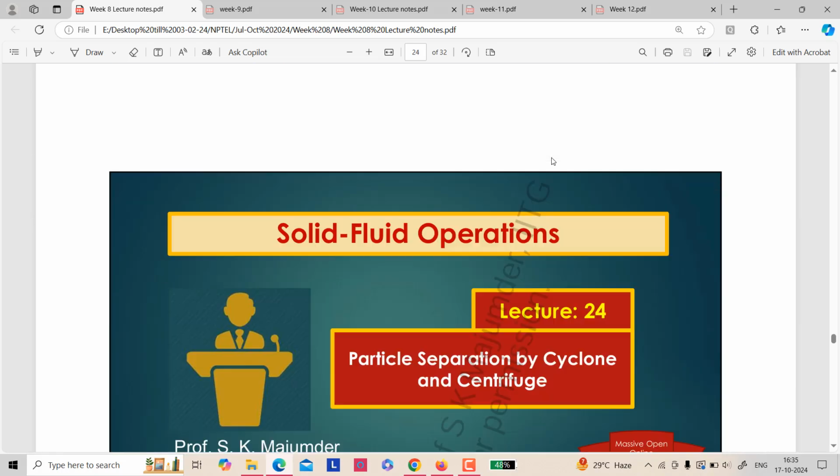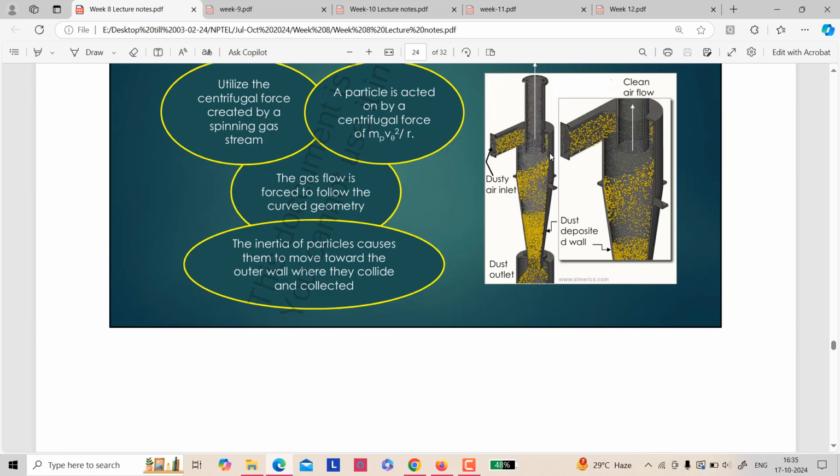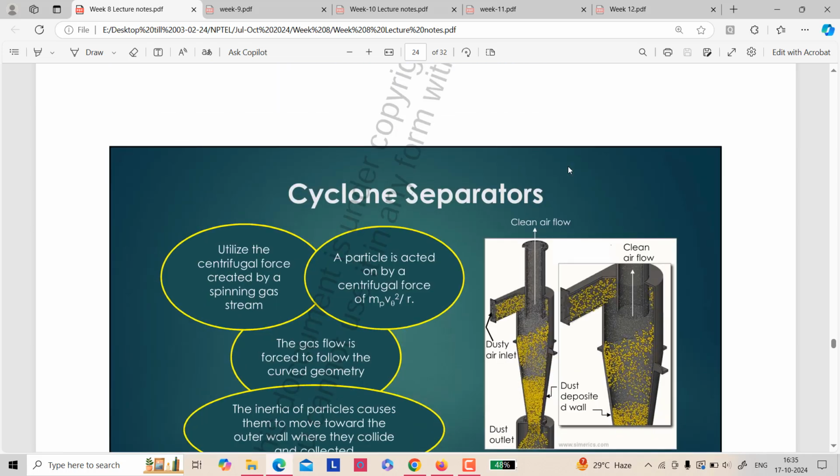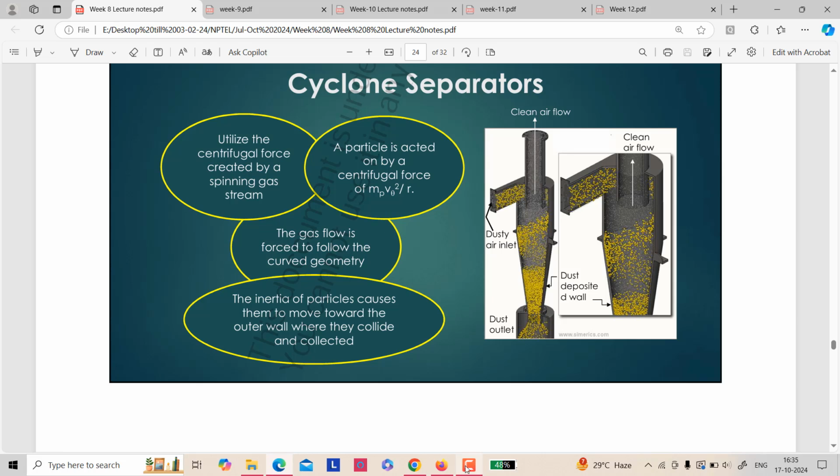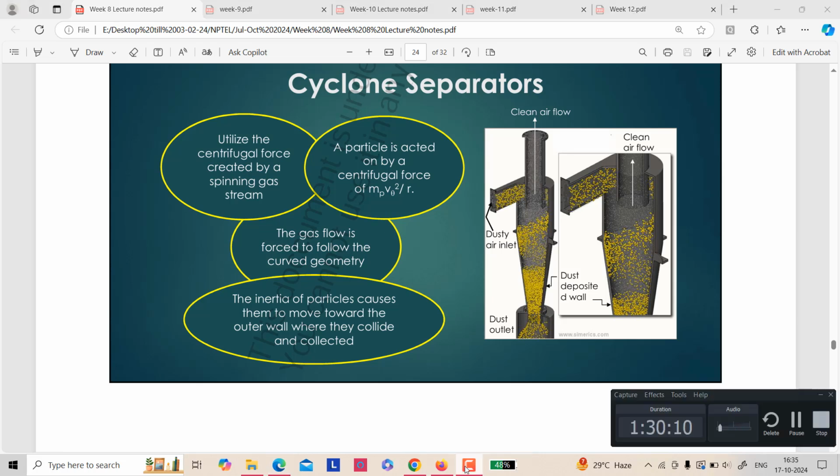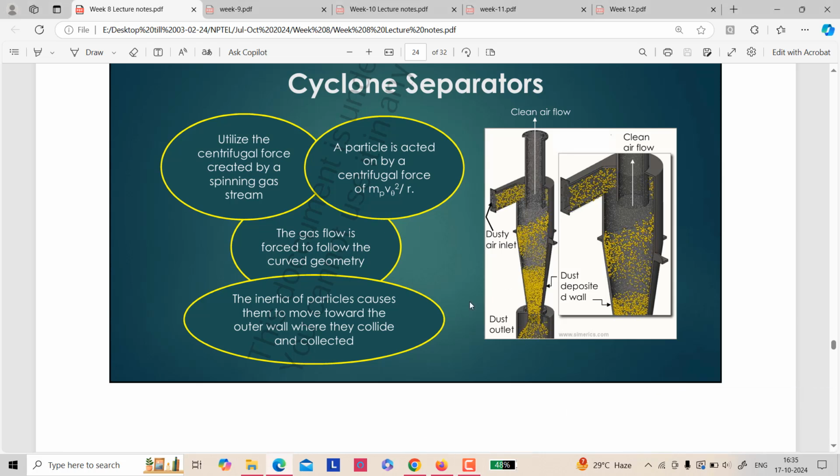Next comes the cyclone separator. Here centrifugal force is applied on the particles. It is also written here that it utilizes the centrifugal force created by a spinning gas stream. A particle is acted on by a centrifugal force, which is mv squared by r.